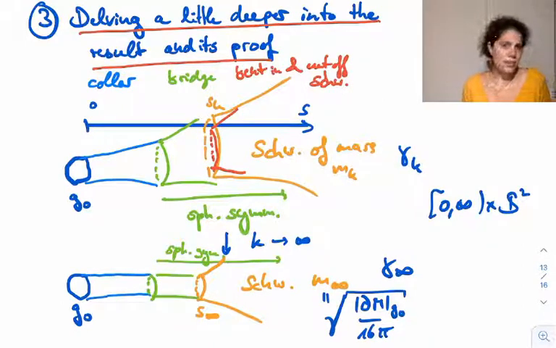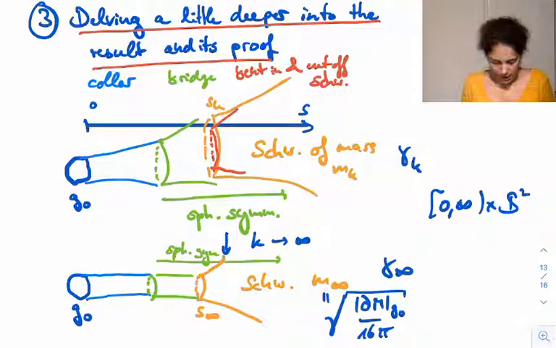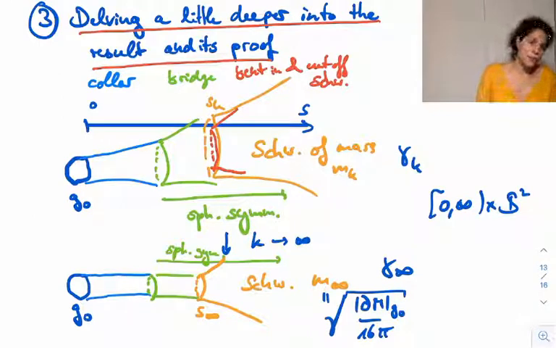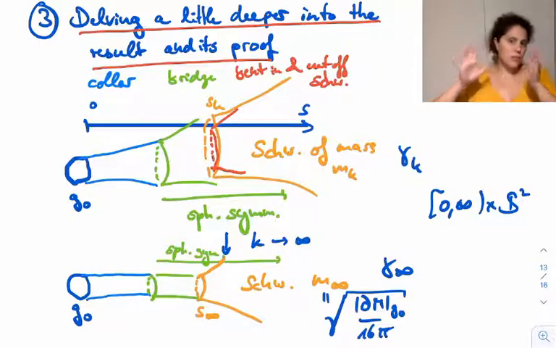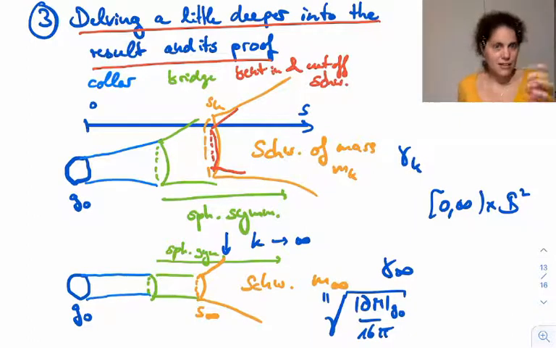In fact, we didn't just find one sequence for each g_0, but we found a one parameter family parameterized by this parameter epsilon that already appeared a little bit in the proof sketch of the theorem by Mantoulidis and Schoen that I showed you. There's an epsilon_0 depending only on this g_0, so that for every smaller epsilon between 0 and epsilon_0, gamma_epsilon exists and converges to this gamma infinity.